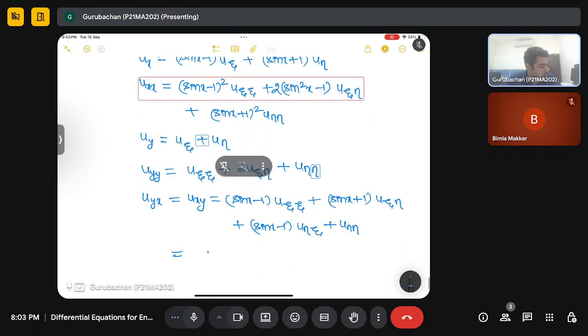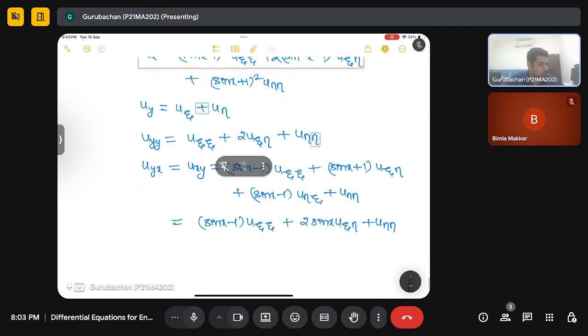So this will be sin x minus 1 u xi xi, and when you add them, this will be 2 sin x u xi eta plus u eta eta.